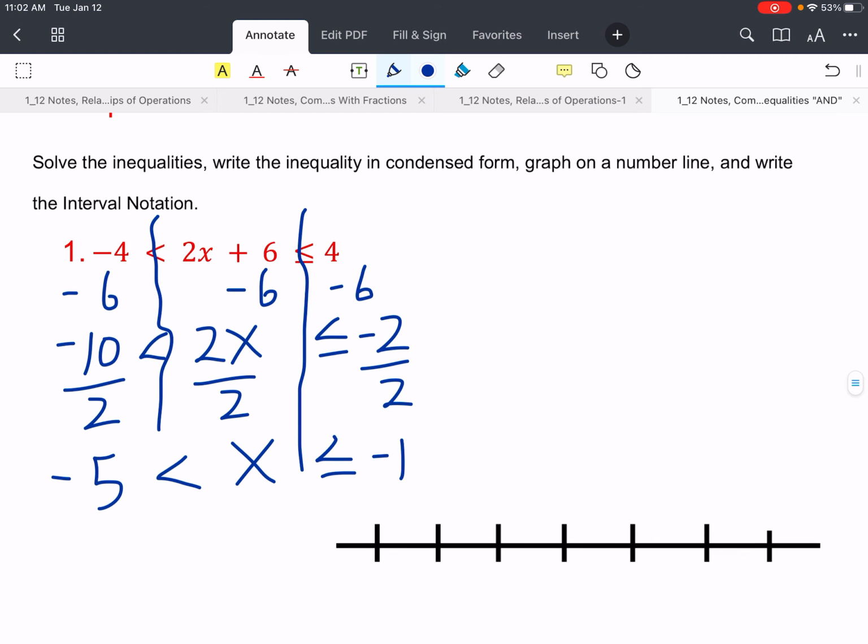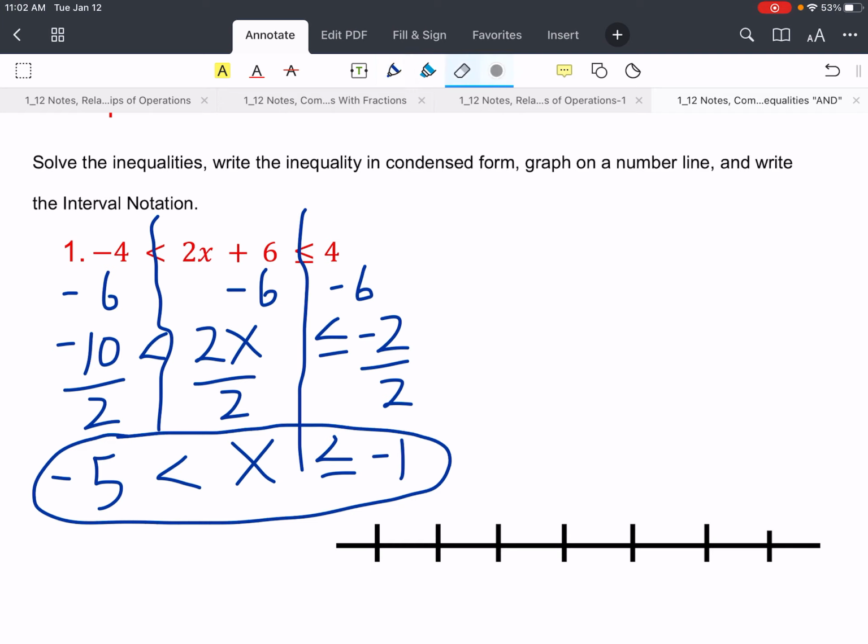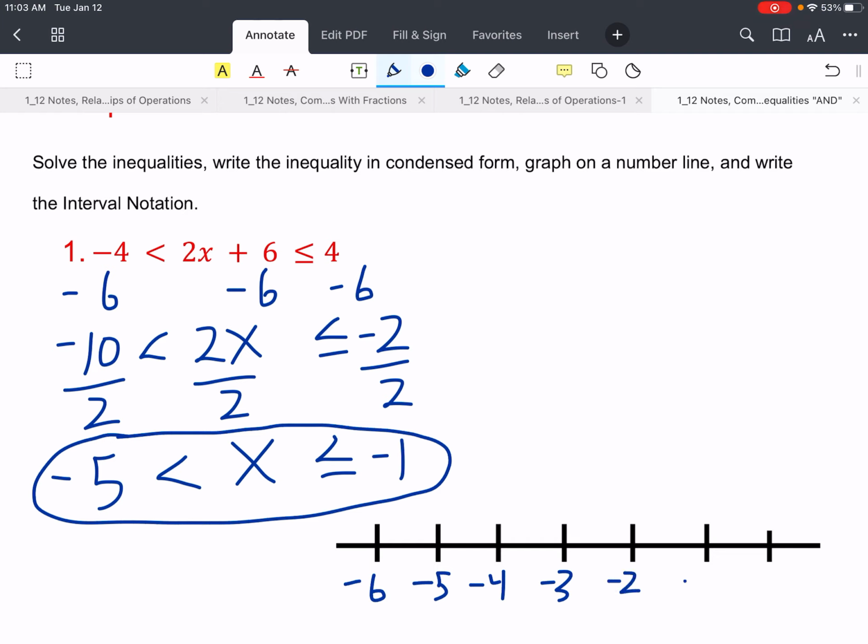So what we can see here is we have our condensed form and we've solved the inequality. So that means that we have our 2 points and x has to be greater than -5 but less than or equal to -1. So if I was to draw that on a number line, because I want to get all my points, I would have an empty circle at -5, a filled in circle at -1, and my number has to fall in somewhere between.